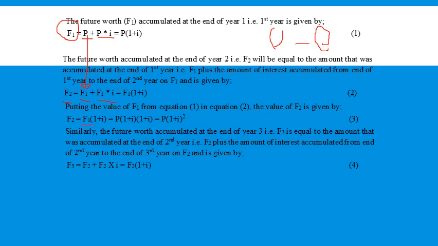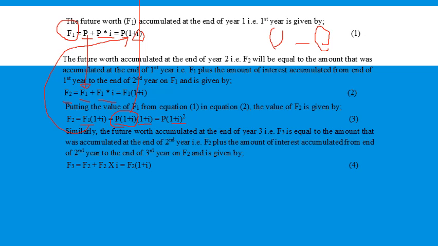This F1 has been replaced by this equation, P into 1 plus i, into 1 plus i. As a result, 1 plus i is the common factor multiplied by P. Hence, it is P into 1 plus i the whole square.